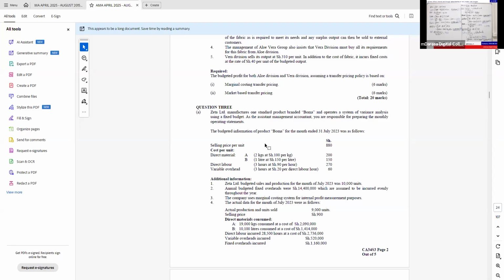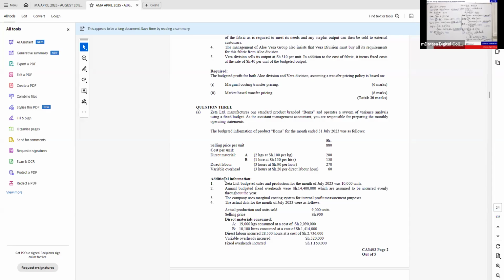Note 1, additional info: Zeta Limited's budgeted sales and production for the month of July 2023 was 10,000 units. The annual budgeted fixed overheads were 14,400, which are assumed to be incurred evenly throughout the year. The company uses a marginal costing system for internal profit measurement purposes.